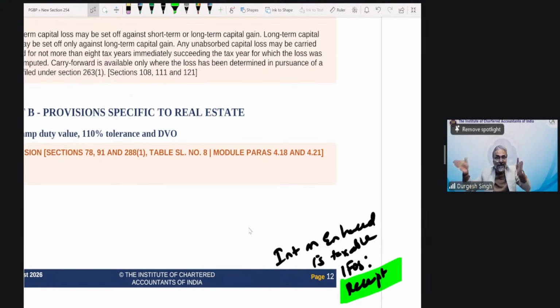So from which date should I be calculating the period of holding? Is it from the date when the conversion took place and it became a capital asset, till the date of transfer, or from the date when I originally acquired the rural agricultural land till that date?